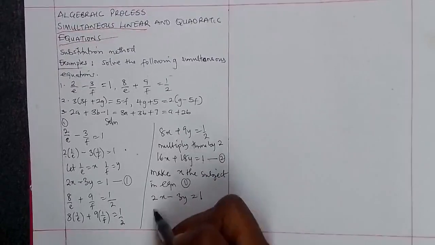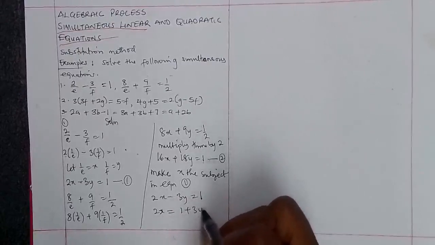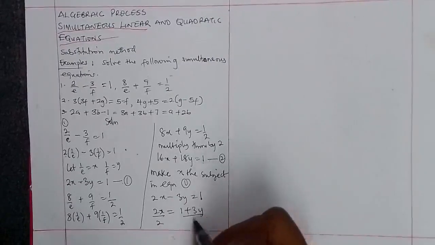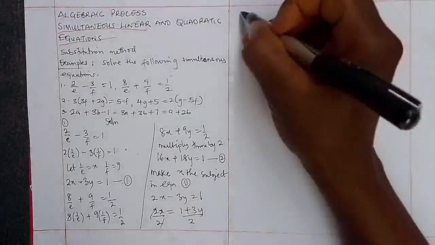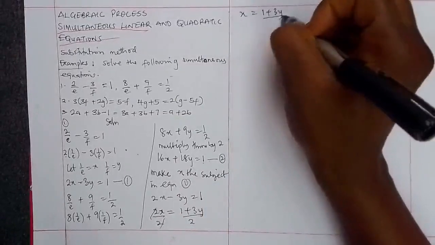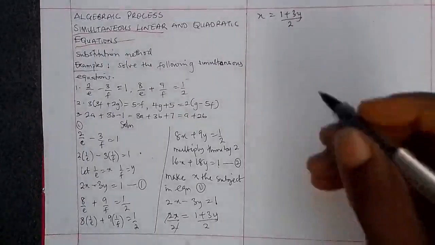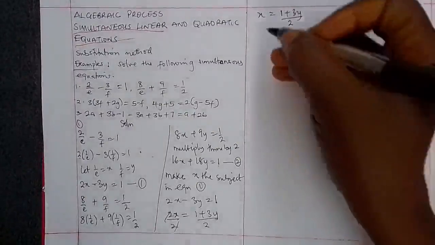So we have 2x is equal to 1 plus 3y. Divide both sides by 2. So that x will now be equal to 1 plus 3y all over 2. The value of x that we have gotten from making x the subject is 1 plus 3y over 2.